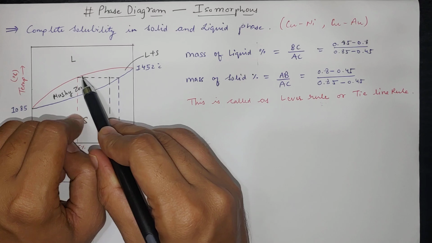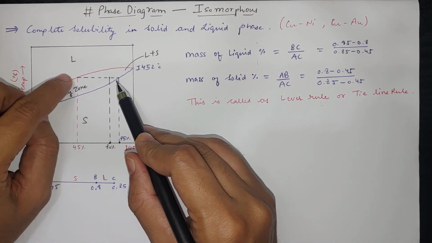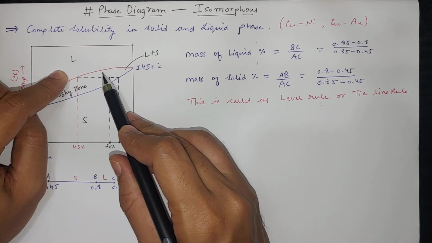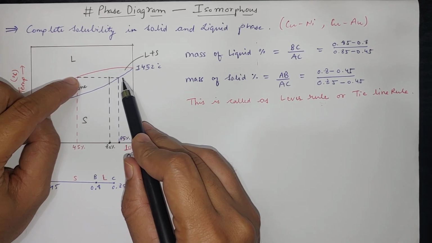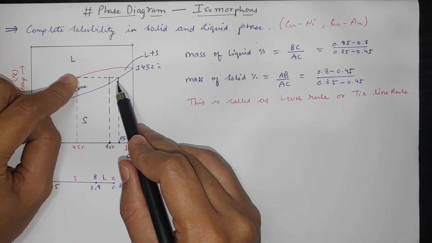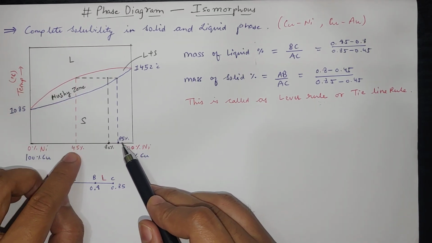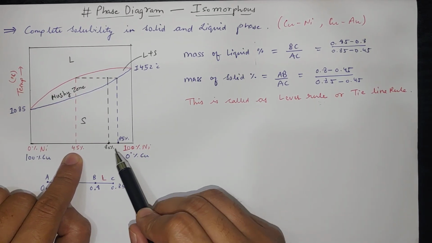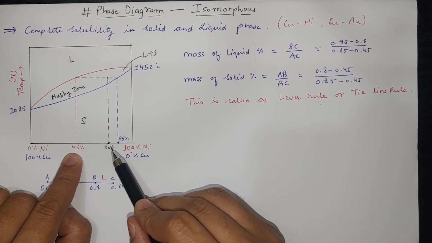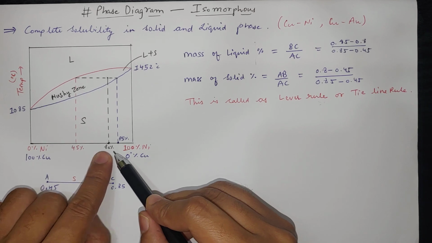So here we draw a horizontal line which cuts both the solidus line and the liquidus line. Then, where it intersects those lines, we draw a vertical line to the point of composition. These are random values. Let's say our sample has 80% composition.